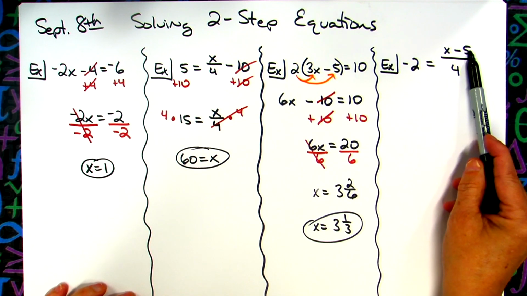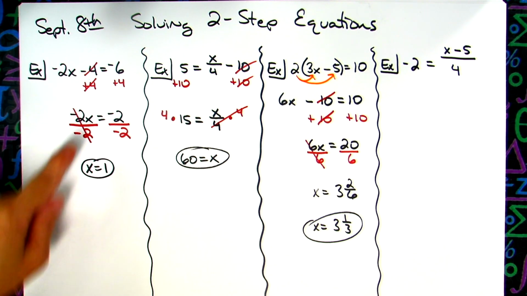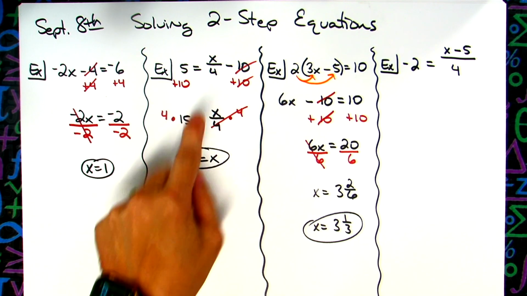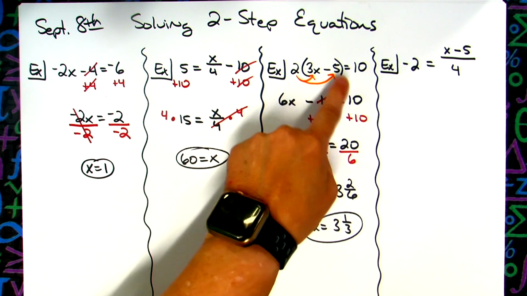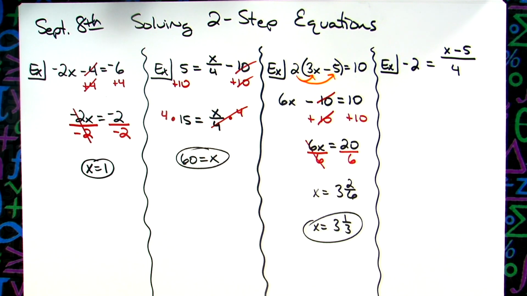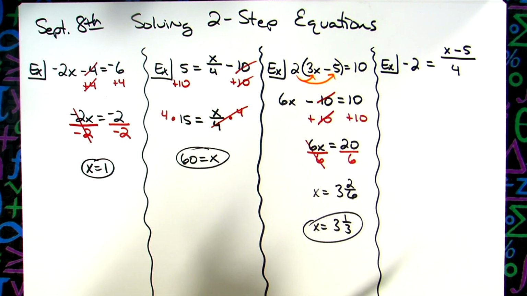There's a whole entire binomial up there on top, x minus 5, and then a 4 on the bottom. Every one of these, I said add or subtract first, then multiply or divide. Distribute, but then add or subtract, and then divide. This is the exception to the rule. Because that division bar is under all of that, we have to multiply first.